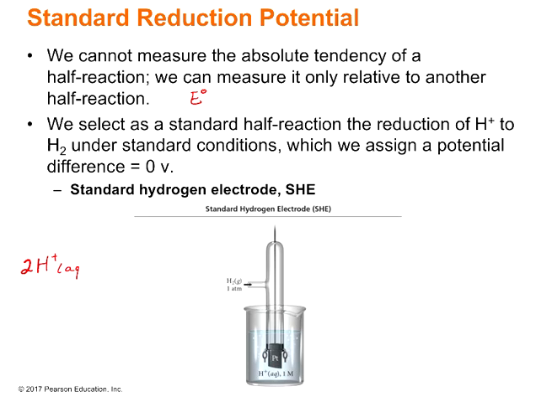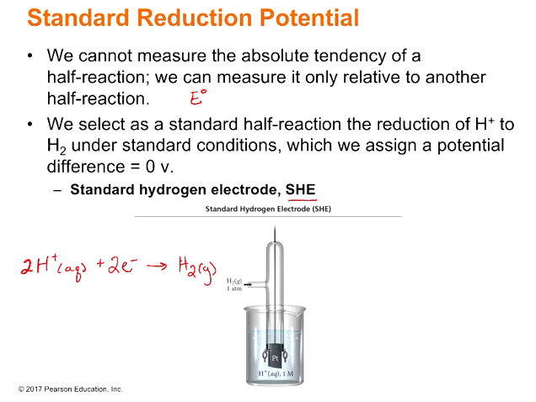Let's see, so it might start out as aqueous, and then we add 2 electrons, and we end up with hydrogen gas. All right, so down below we can see what's called a standard hydrogen electrode, and we abbreviate that as SHE.